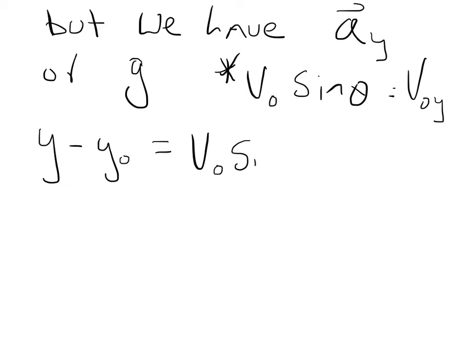So v naught sine theta t. And then what? Anybody have a guess here? Minus 1/2 gt squared. Okay. So what does that give me? Displacement in y over some amount of time, right?